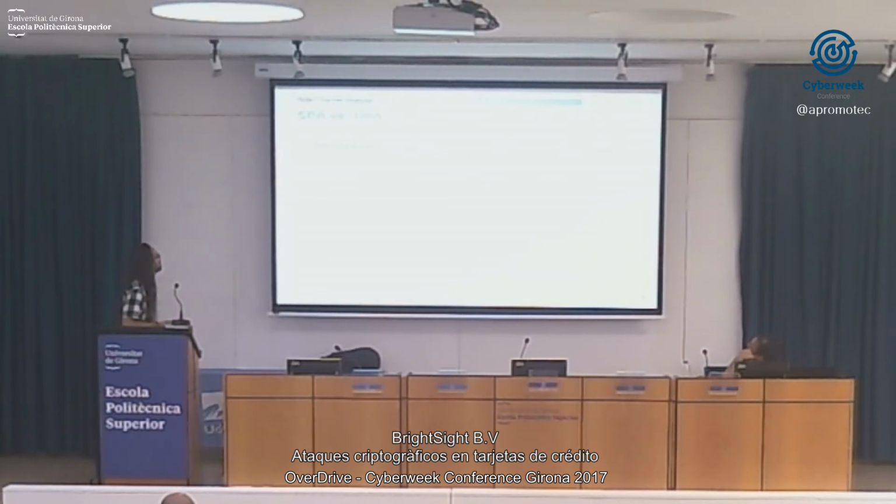I mentioned simple power analysis, differential power analysis, or statistical power analysis. If we compare both analyses, in simple power analysis, secrets are derived directly from traces, mainly using visual inspection.